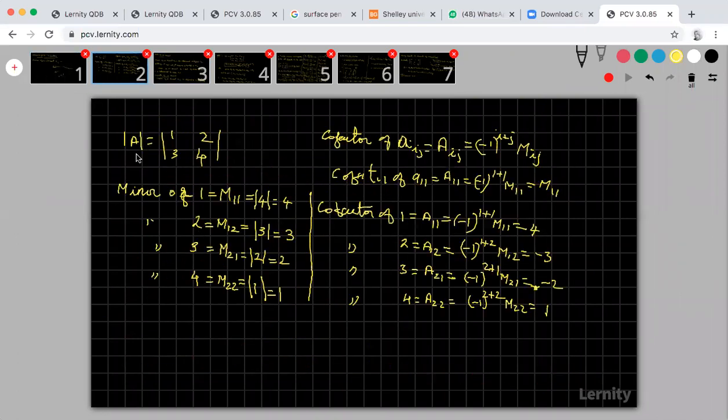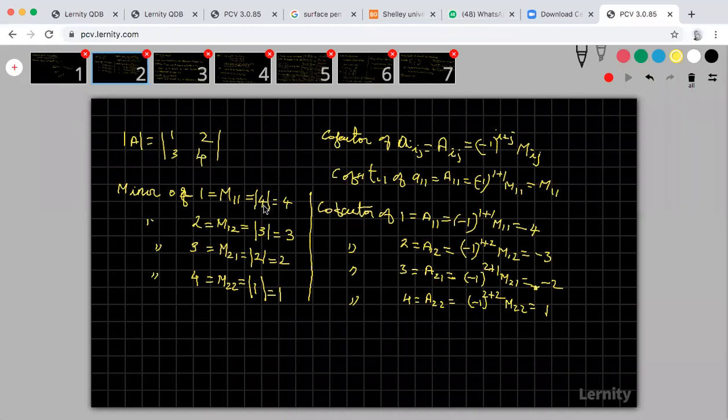Suppose you take the determinant of A equal to 1, 2, 3, 4. How do we find the minor of the first element? For the minor of this first element, leave this row and leave this column. Take the determinant of the remaining values.